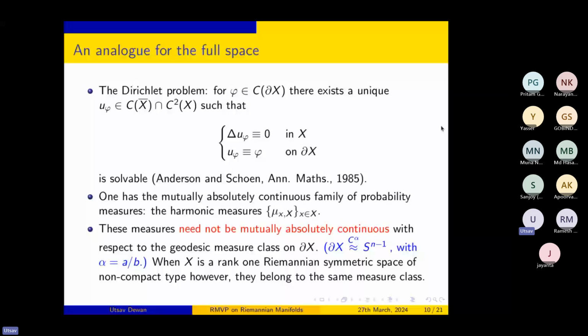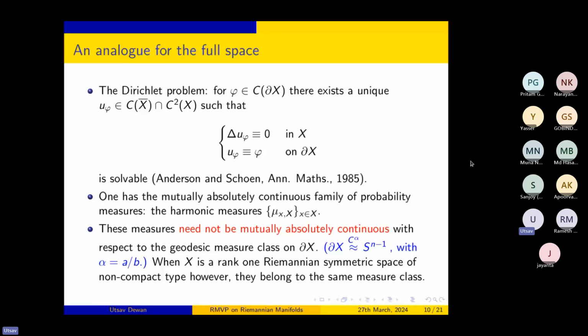In this way you get a radial projection map from the unit sphere to the Gromov boundary, and this radial projection map is a C alpha homeomorphism. Under it, one has the usual Riemannian measure on the unit sphere, and you can look at the push forward of that under this radial projection map, which gives rise to another measure on the Gromov boundary.